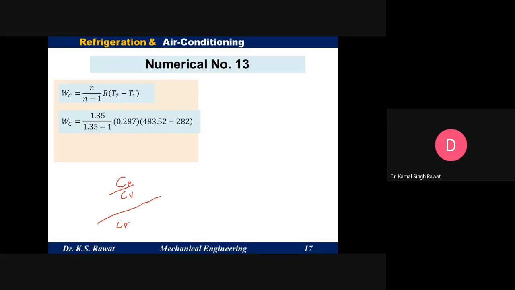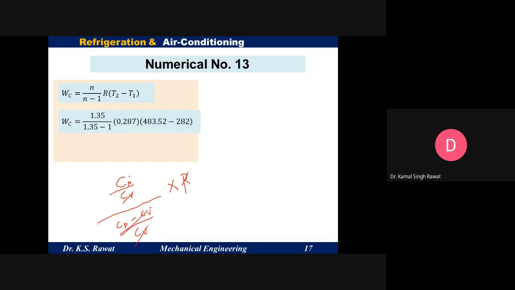Gamma minus 1 we can write as Cp minus Cv divided by Cv, into R. Cv will cancel with Cv, and R is equal to Cp minus Cv, so this cancels with this.